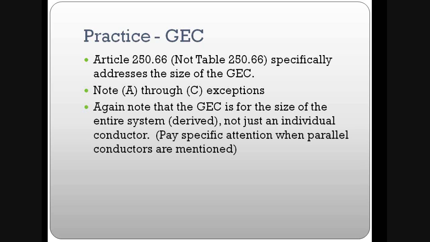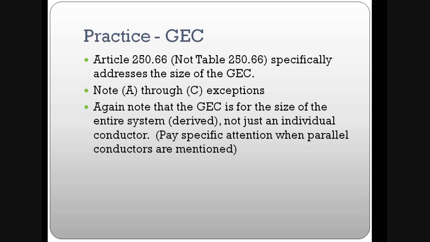However, for things such as building steel and everything else not covered by those exceptions, we go to Table 250.66. Again, we want to note that our grounding electrode conductor is sized for the entire system, so we might have to derive the size of that system, not just an individual conductor. When we have parallel conductors, we have to pay specific attention to this.